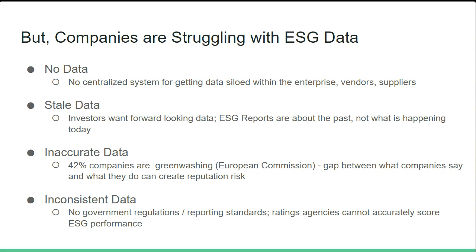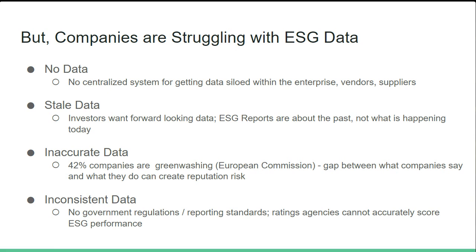The second broader bucket of the problem is stale data. So anytime you ask what is the ESG profile or the materiality map of a particular company, most of the time it is backward looking, which means it only shows what the company has been doing as of today or as of now.